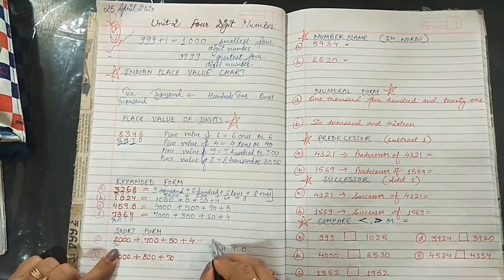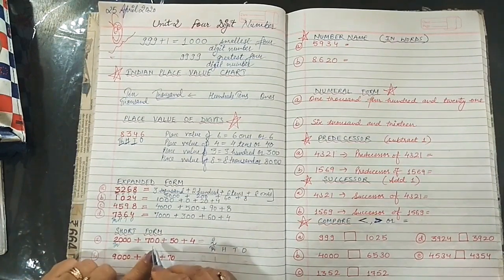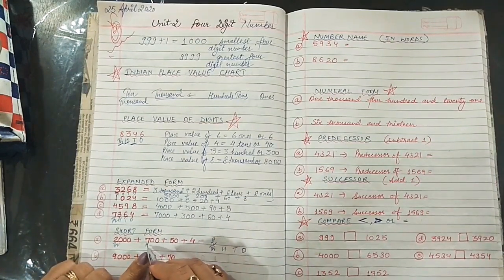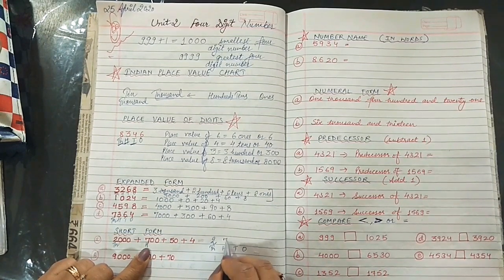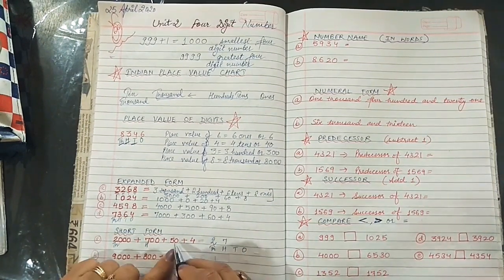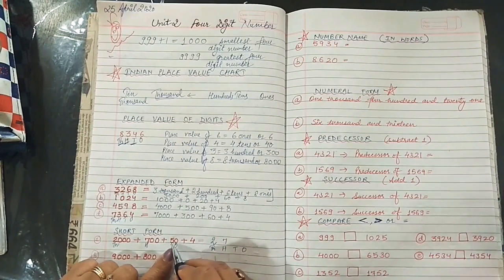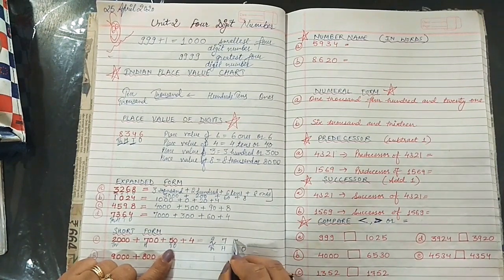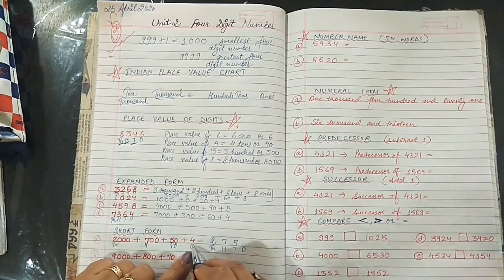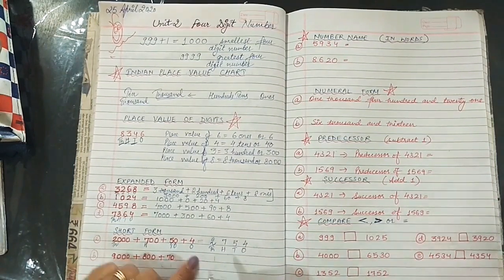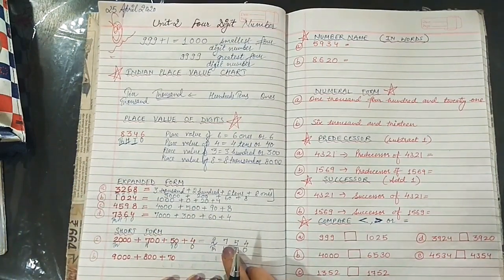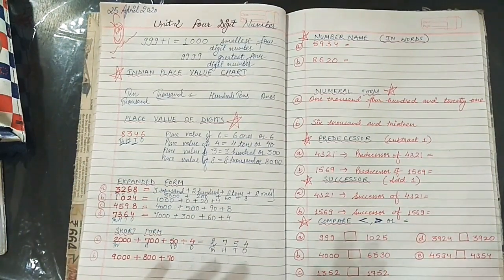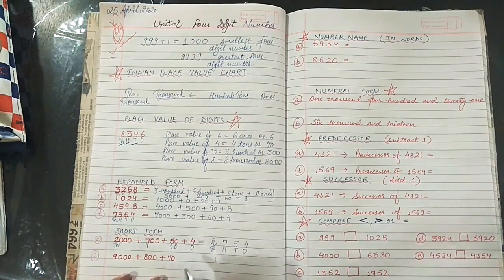So at the 1000 place, you write 2. At the 100 place, what is written? 7. So here also at the 100 place, you will put 7. Ones and tens. At tens place, what is given? 5. So write over here tens place 5. And ones, you have written 4. So the short form of this expanded form is 2754. Clear? One more example over here.